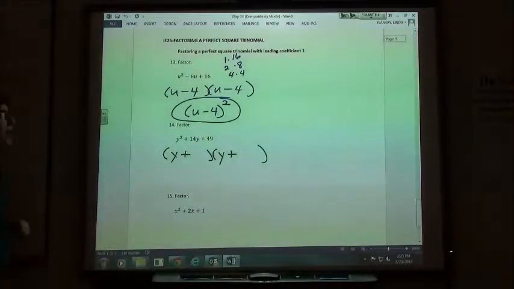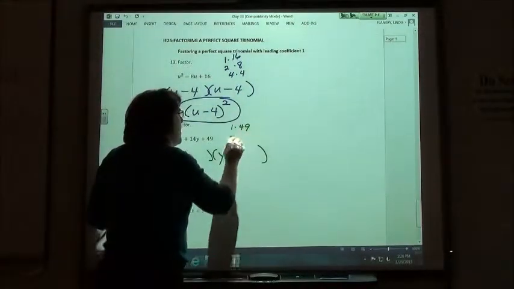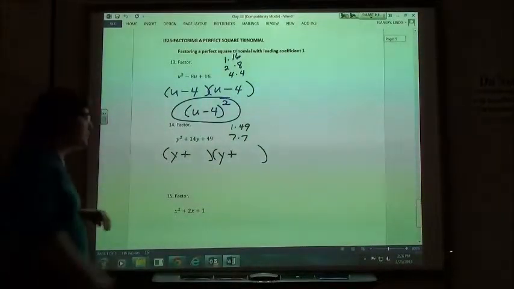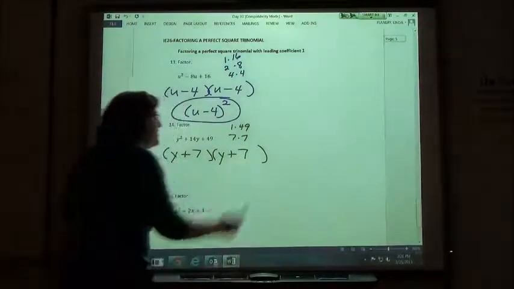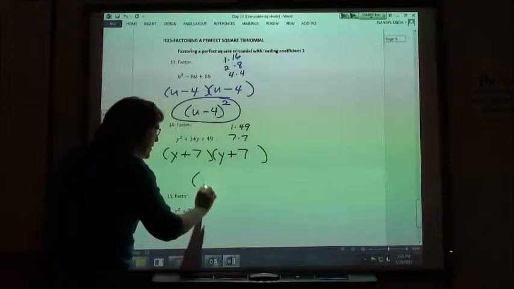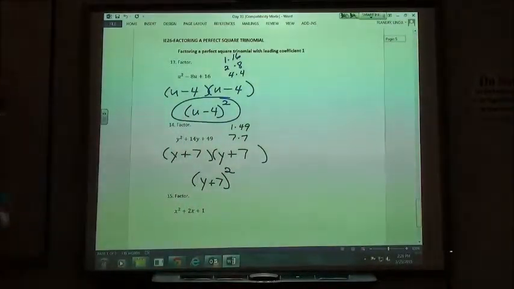Factors of 49, going to give me 14. Well, I could do 1 and 49, but more likely it's 7 times 7 because we know 7 plus 7 is 14. So a positive 7 and a positive 7 add up to 14 in the middle. Again, we get the same thing twice. So we get y plus 7 squared for our answer.